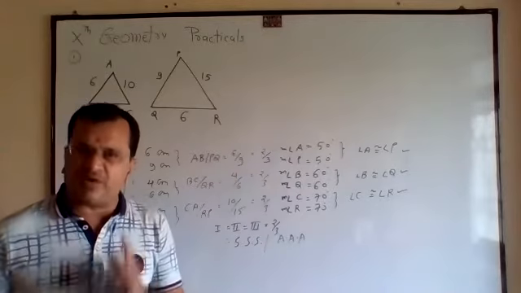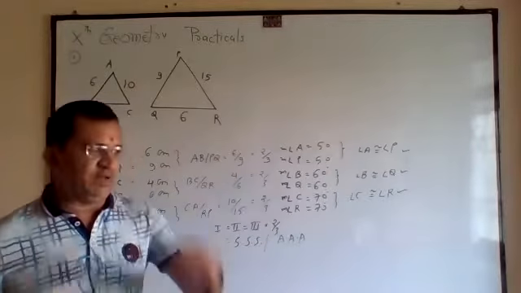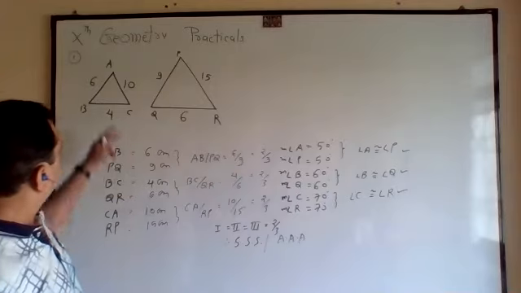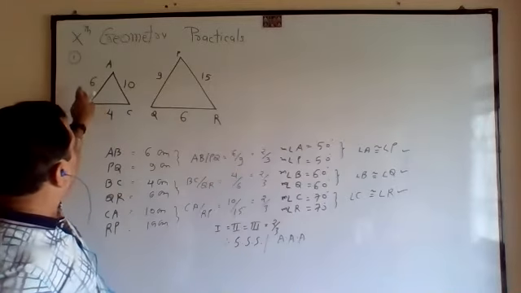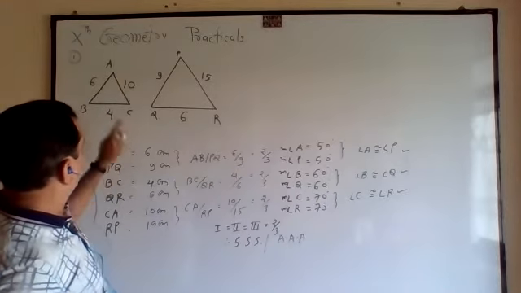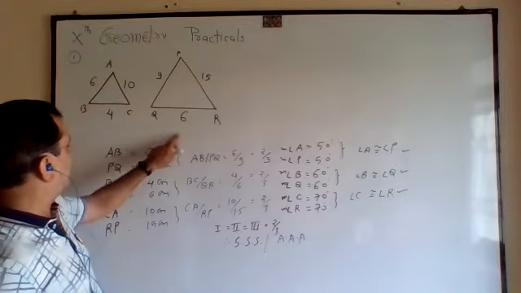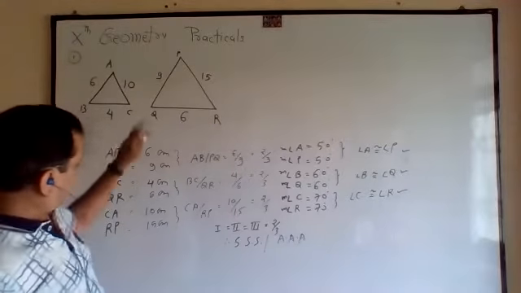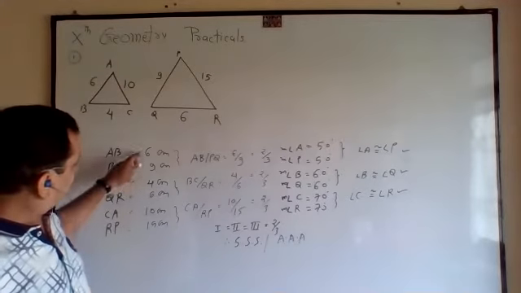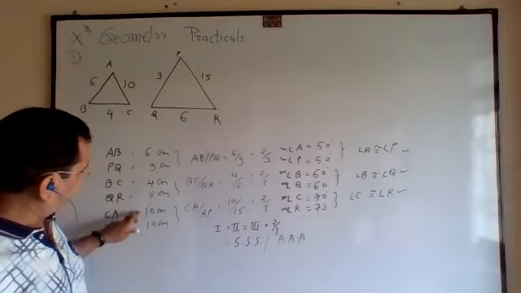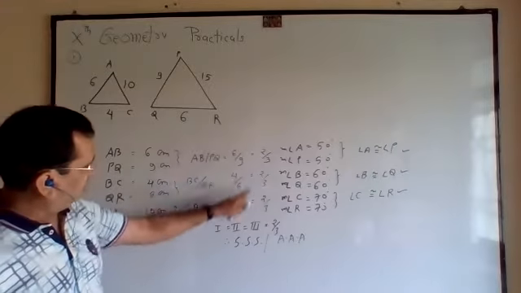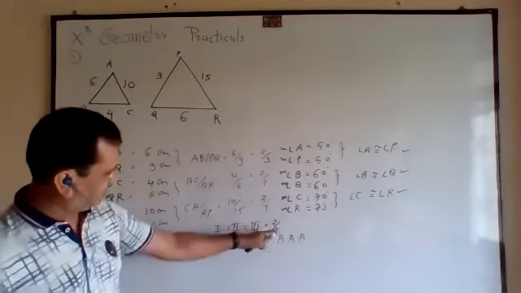So geometry experiment number 1, page number 1, table number 1, column number 1. Write pairwise AB, PQ. Second pair BC, QR, CA, PR. 6 measurements. Then first by second, third by fourth, fifth by sixth. Find out, all means simplify. You will get equal.